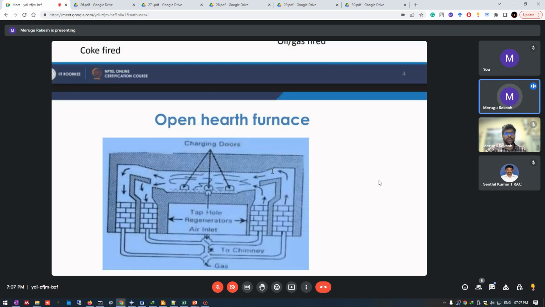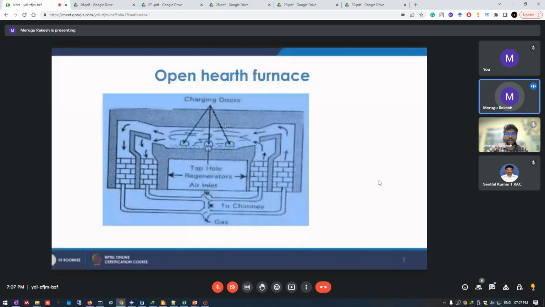Then comes the open hearth furnace. The main advantage in the open hearth furnace is that whatever flue gases are coming out can be used. This is the charging, in which we keep the iron ore or whatever we put inside. Once we burn the coal, these flue gases are sent out.